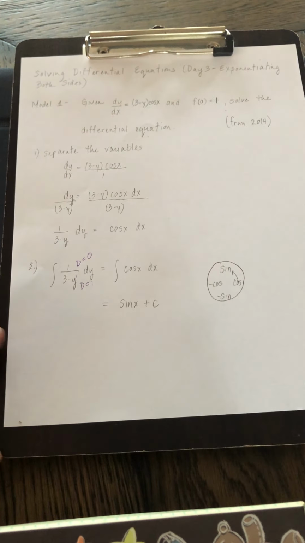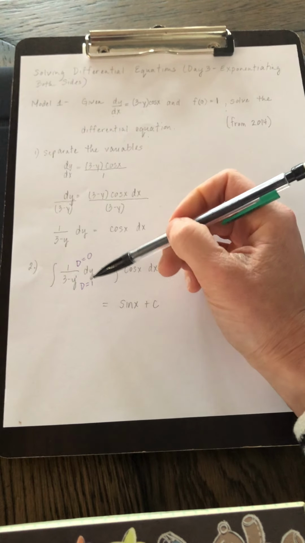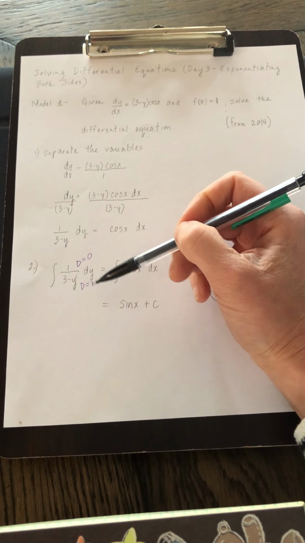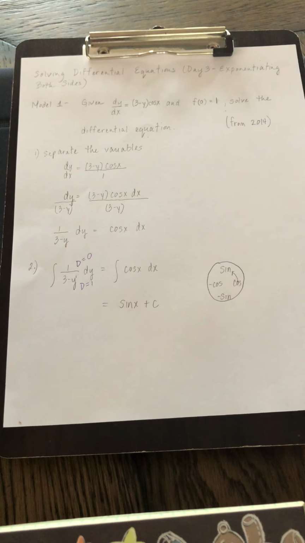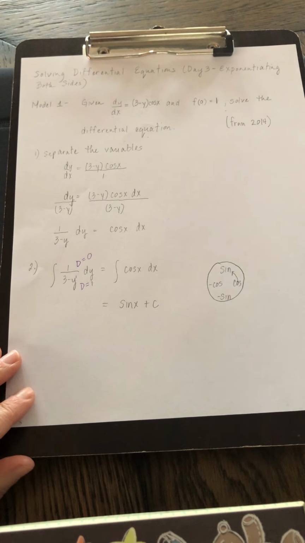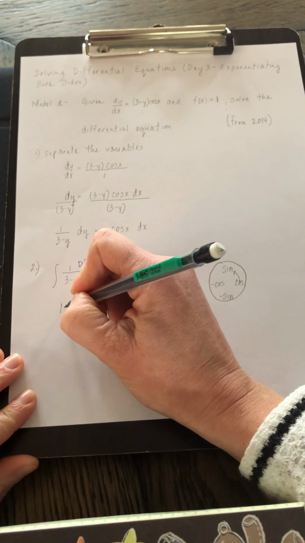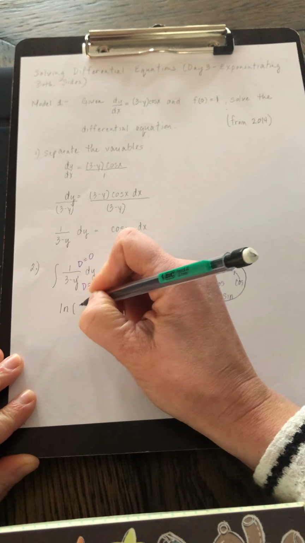The highest exponent we see on the variable y. And when we have that relationship where the degree of the denominator is 1 larger than that of the numerator, that is our trigger that the antiderivative is the natural log function, right? And as we saw yesterday, the u value is the denominator.